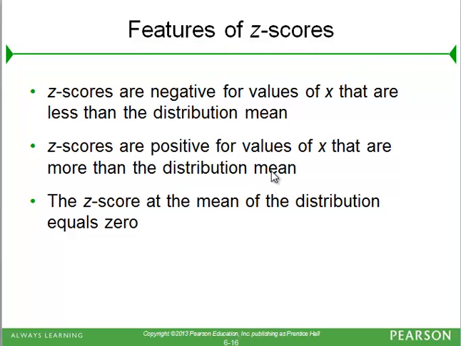Here are some features of the Z-scores. Z-scores are negative for the values of x that are less than the distribution mean. Z-scores are positive for the values of x that are more than the distribution mean. The Z-score at the mean of the distribution equals 0.